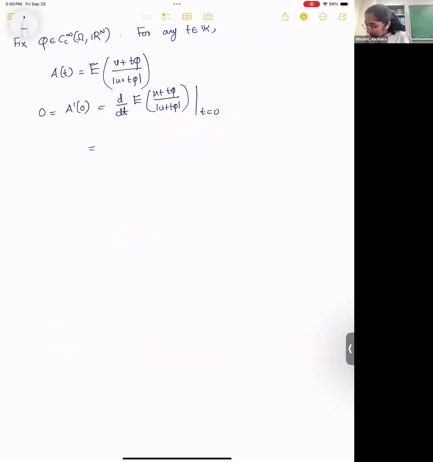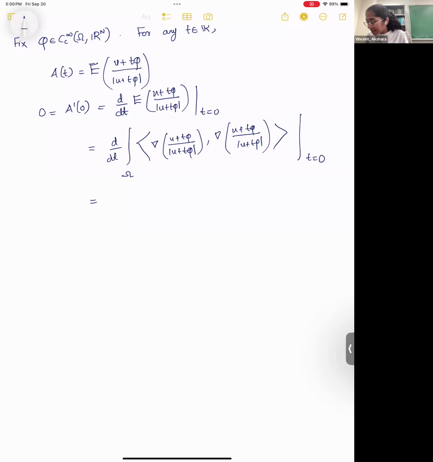Now we compute this derivative, which is d by dt of the integral over omega of gradient of (u plus t phi) divided by mod (u plus t phi), squared, at t equal to 0.